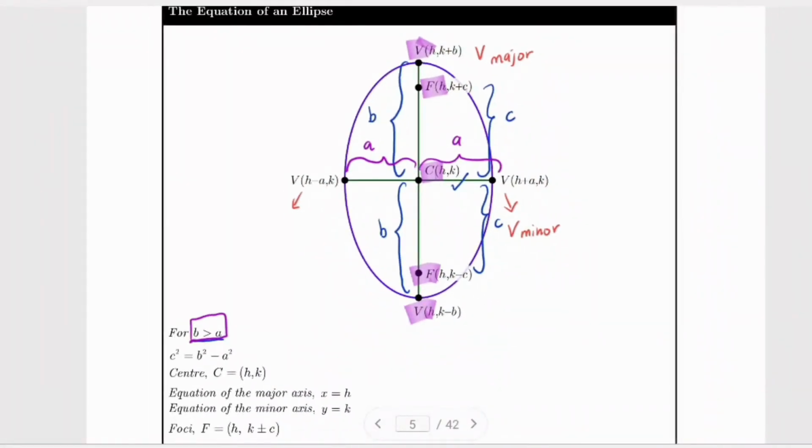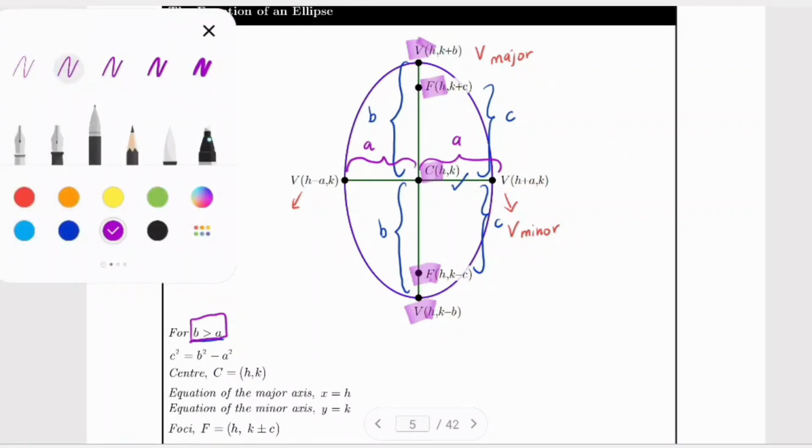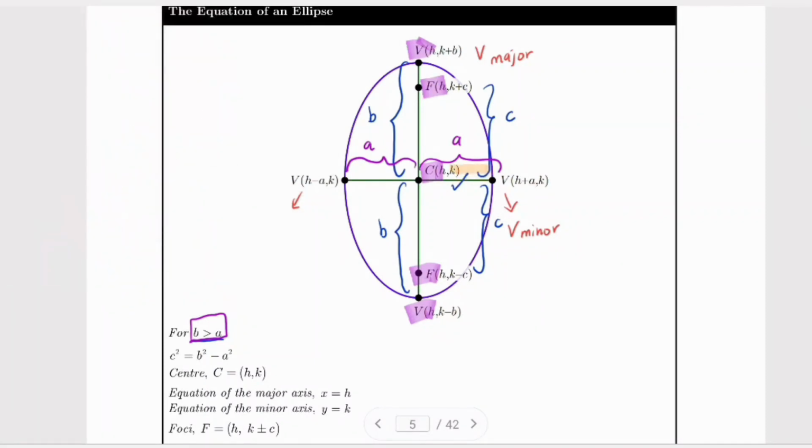From the center to the foci, it's going to be K plus C. From the center to the vertex is going to be K plus B. And then we repeat the same process, but we deduct it. So it's going to be K minus C over here and K minus B over here.